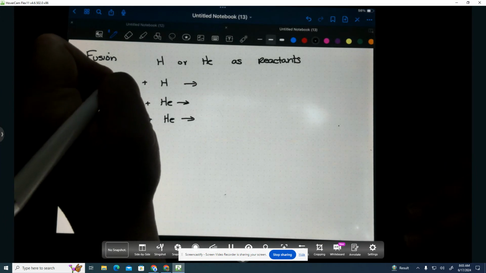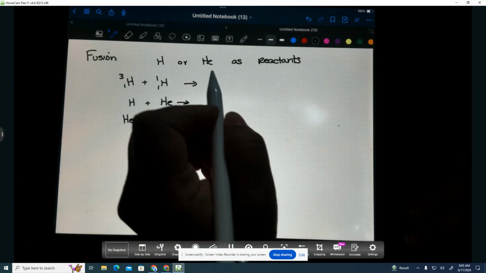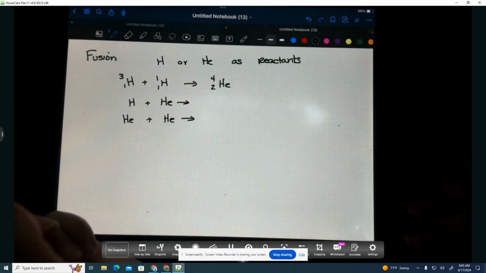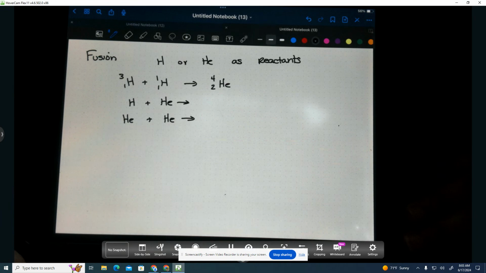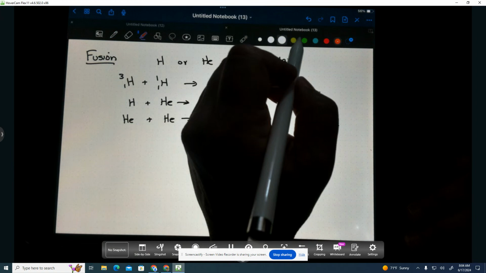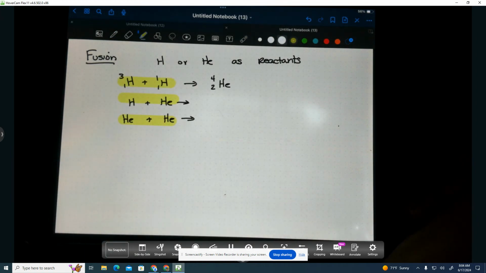So if this is a 3/1 and this is a 1/1, then this would be a 4/2 He, because 3 plus 1 is 4, 1 plus 1 is 2. So anytime you have fusion, you look at the left side, and if there's only hydrogens and heliums there, that's a fusion reaction.